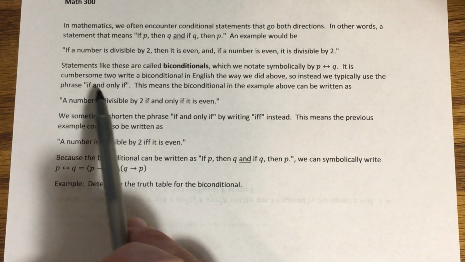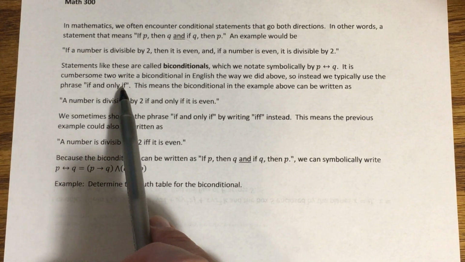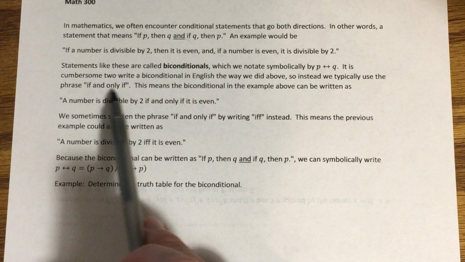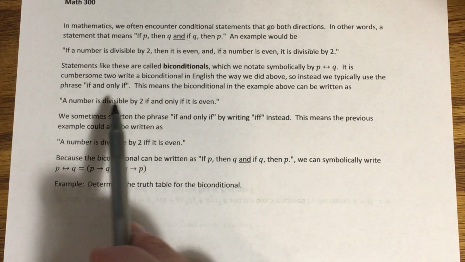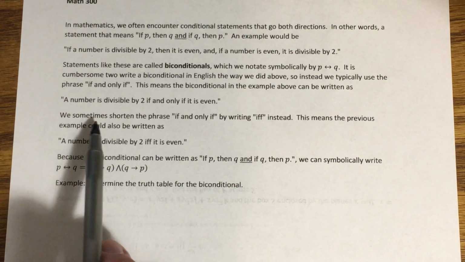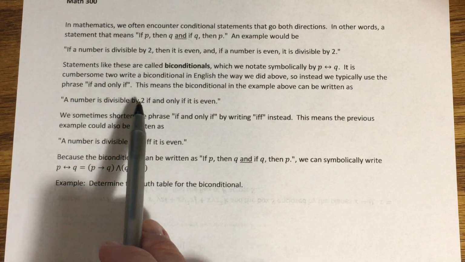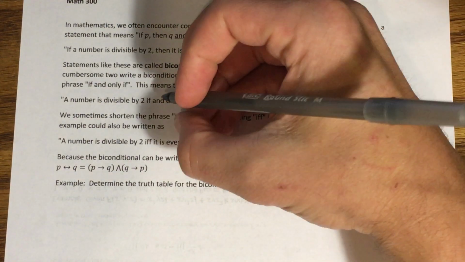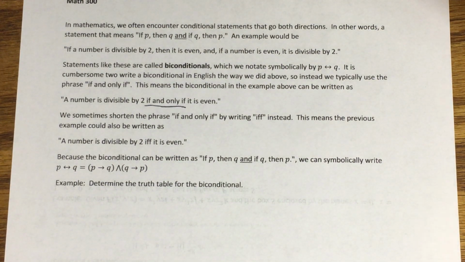If you ever see that, if and only if, those 4 words in that sequence, that means that you're looking at a biconditional. So in this previous statement up here, I would write a number is divisible by 2 if and only if it is even. That's what means we're looking at a biconditional. Okay?